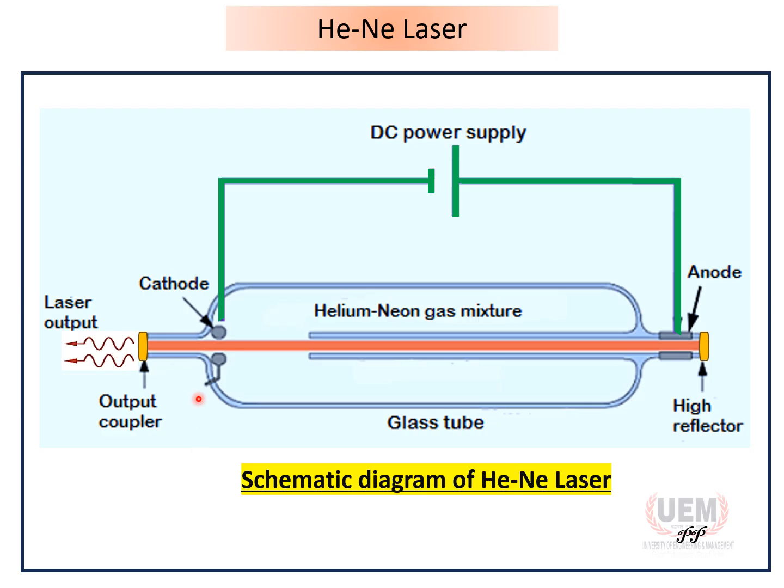Here the cathode and anode provide current through the helium neon gas mixture. A helium neon laser consists of a long, narrow discharge tube filled with helium and neon gases in the ratio of 10:1. This tube is enclosed between a fully reflecting mirror and a partially reflecting mirror, which serve as an optical cavity.